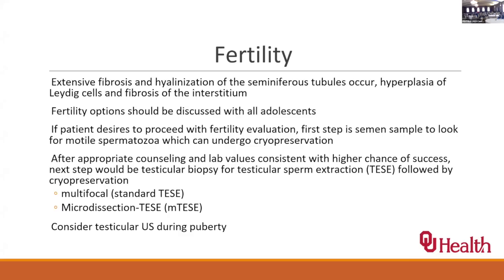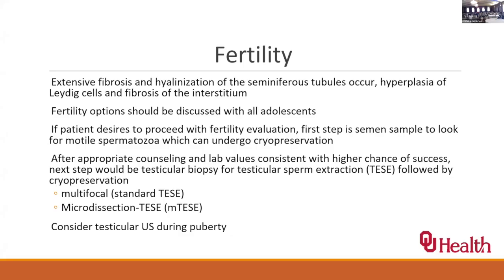If the patient does decide to proceed with fertility evaluation, which again should be done after significant counseling, the first step would be a semen sample, looking for motile spermatozoa. And then with additional counseling, they may want to consider testicular sperm extraction followed by cryopreservation. The two most common types are the multifocal and the microdissection.